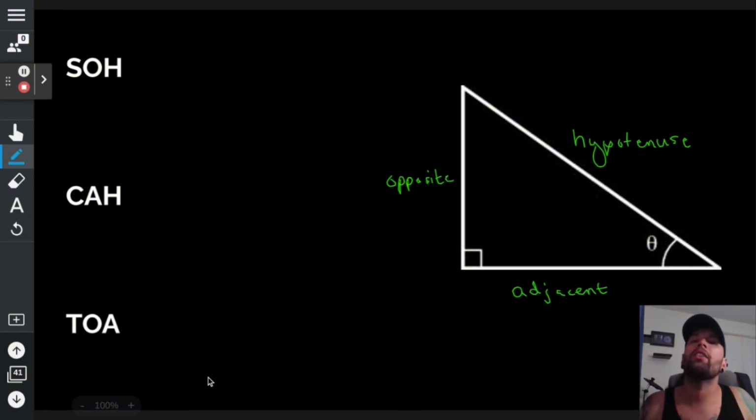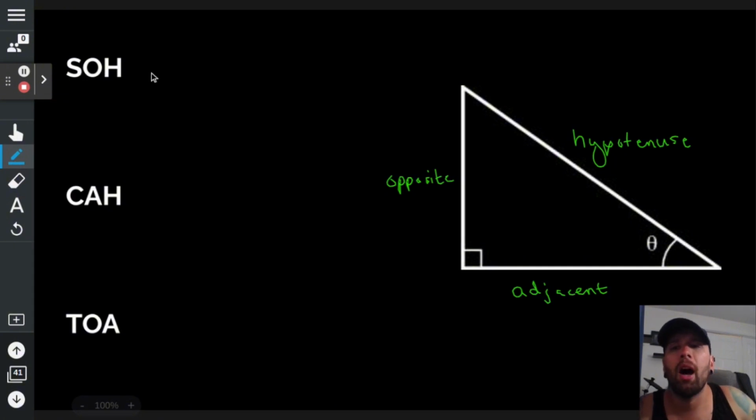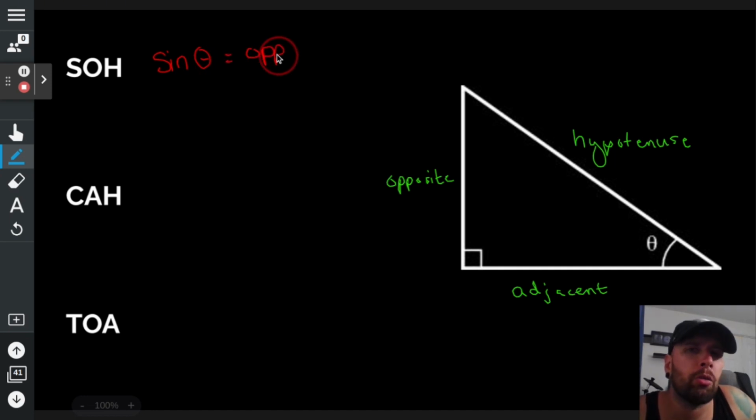Now, SOH CAH TOA is an acronym, and my 3 trig functions are sine, cosine, and tangent. So this obviously means sine something. What does it mean? Well, SOH stands for sine theta equals the opposite side over the hypotenuse. So if for some reason I told you I need to find that angle, and I've given you the opposite side and the hypotenuse, you are going to use sine.